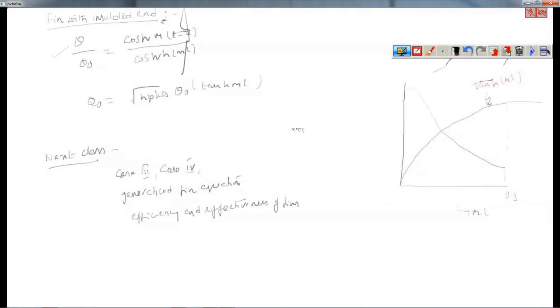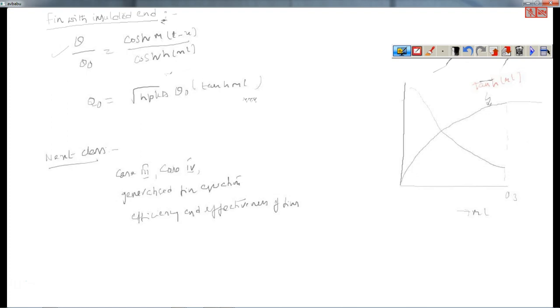We have also derived an equation for the heat transfer q0 at the base, defined as square root of hPkA theta 0 into tanh mL.